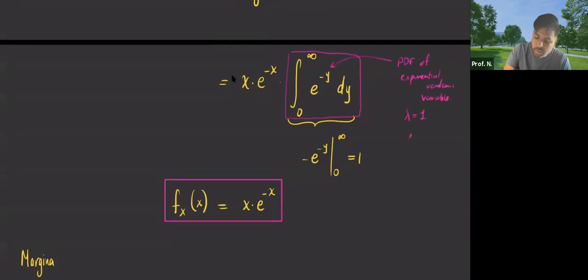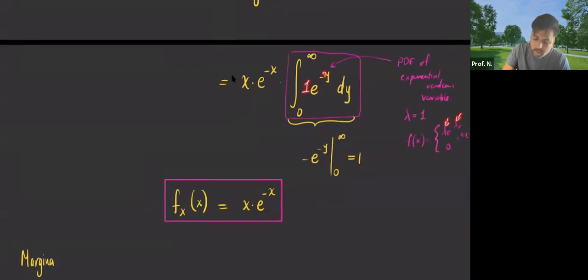Do you guys recall what the PDF is? It is lambda e to the negative lambda x, and this is 0 otherwise, and x is bigger than 0. Remember this? So this is a PDF when lambda here is 1.